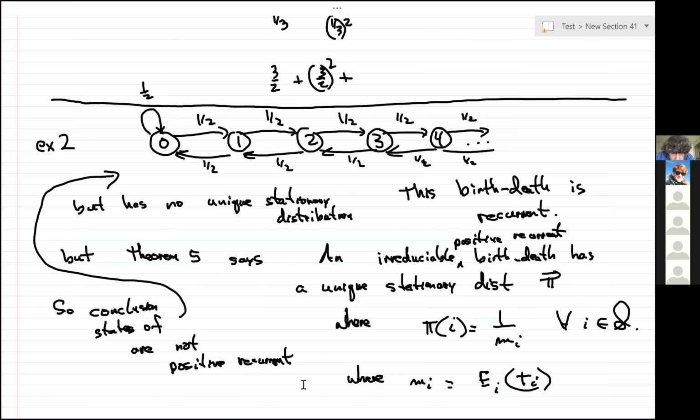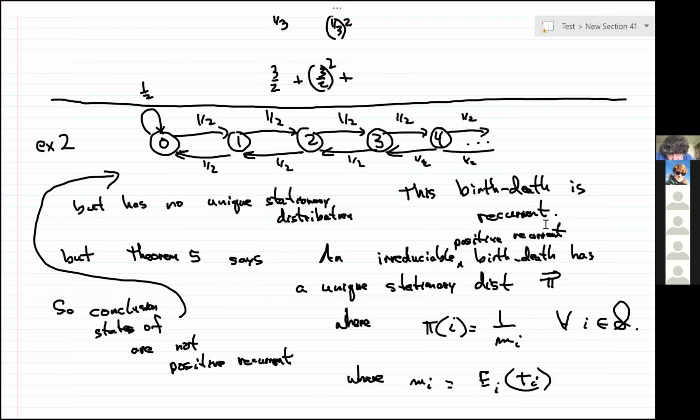That's so that we don't have a contradiction, because we already showed there was no unique stationary distribution, and this theorem says there is one. So the only way that's possible is that the states are not positive recurrent, but we already said that they are recurrent.